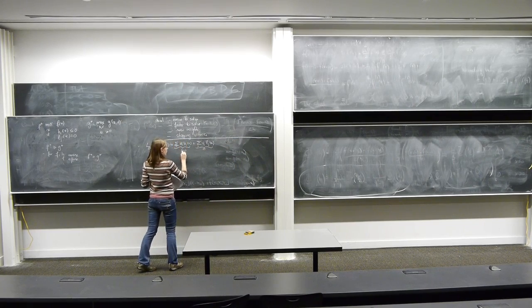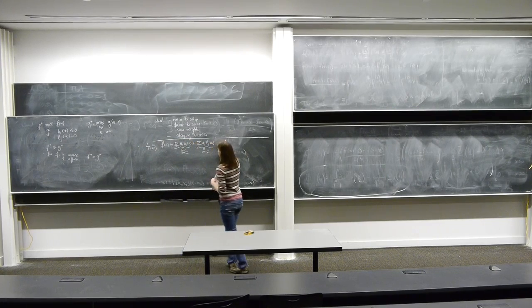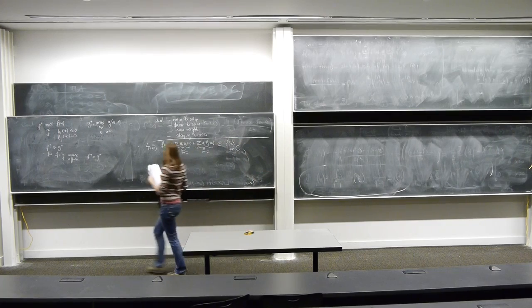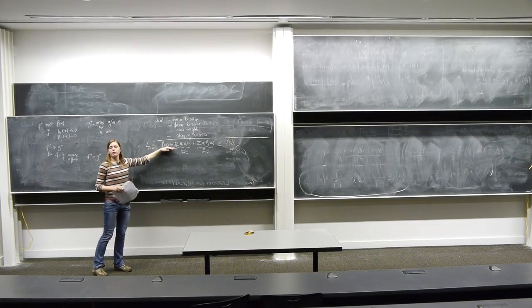This is 0. So this is smaller than or equal to f on the constraint set. And from here, all we said is, OK, we have a lower bound on the constraint set. We're still under constraints. That's kind of upsetting.